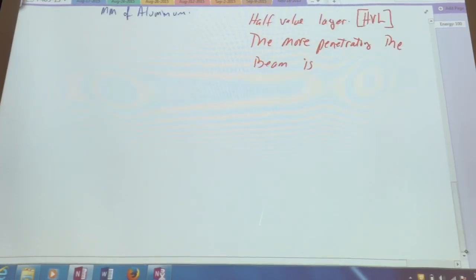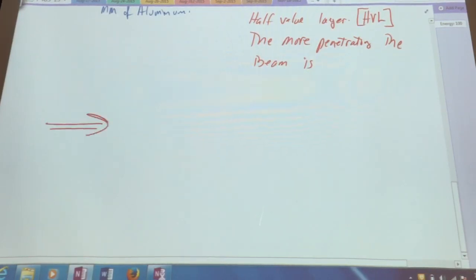All right, let's see if we can play another game here. We start off with some beam, and we have some filtering here, and we have a beam that emerges from that.